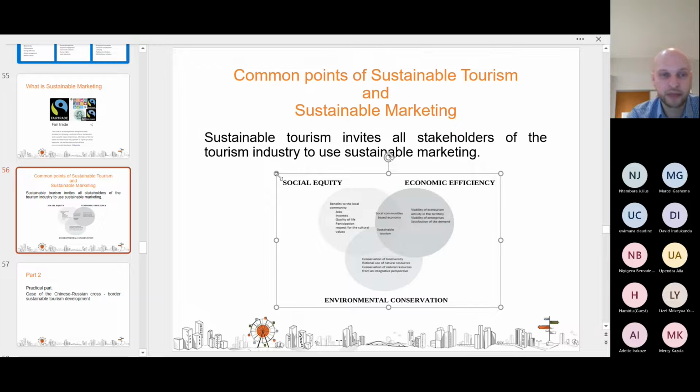And sustainable tourism, in addition, has 4 capitals: social, cultural, economic, and environmental.